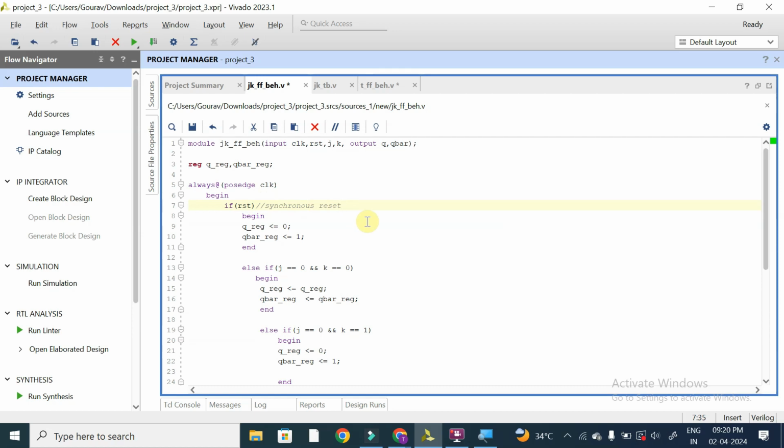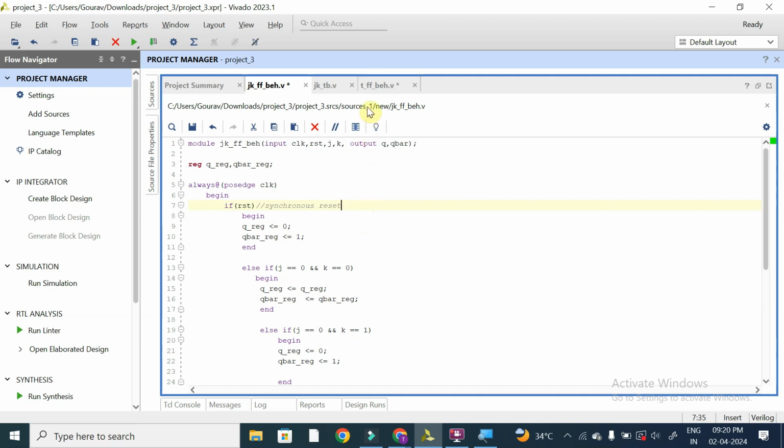So the reset is working according to the positive edge or negative edge of the clock. That is, the reset is synchronous to the clock. That means if we apply the reset, then the output will not get immediately changed. It will change at the positive edge or negative edge of the clock. That is the synchronous reset.